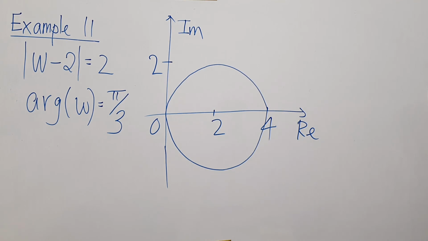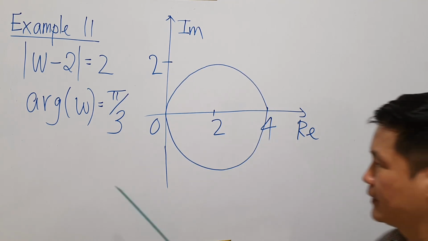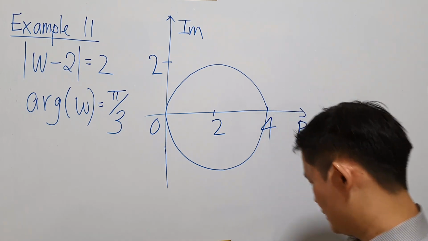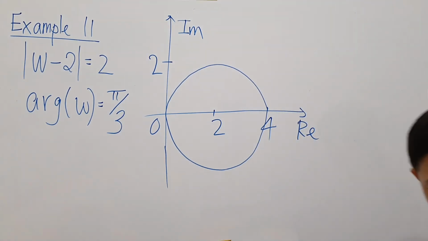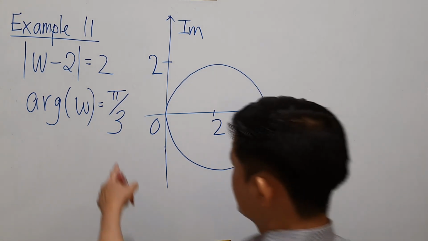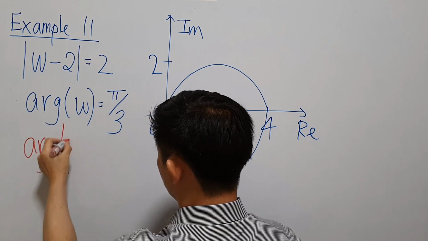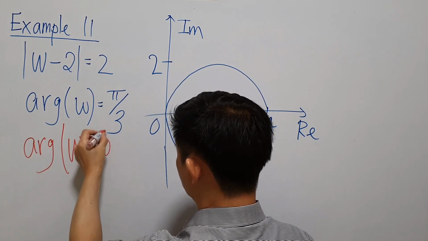Now you also have a second condition that W must satisfy. In this case, if you look carefully, this is the usual equation of a half line. Maybe you want to rewrite this as argument of W minus 0.